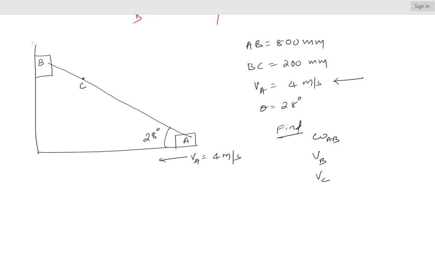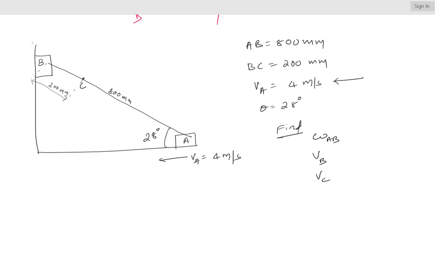Okay, so this is 800 millimeters, and from B to C, that's 200 millimeters. So that's all given.